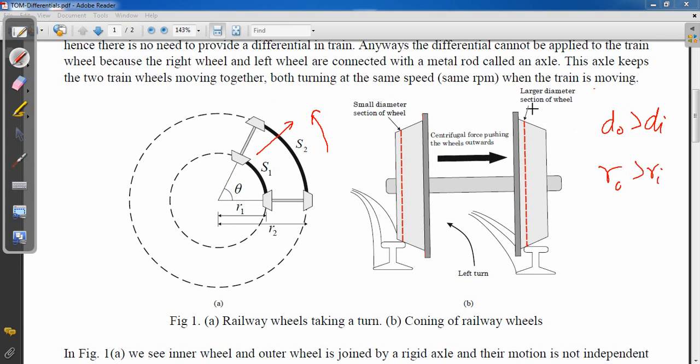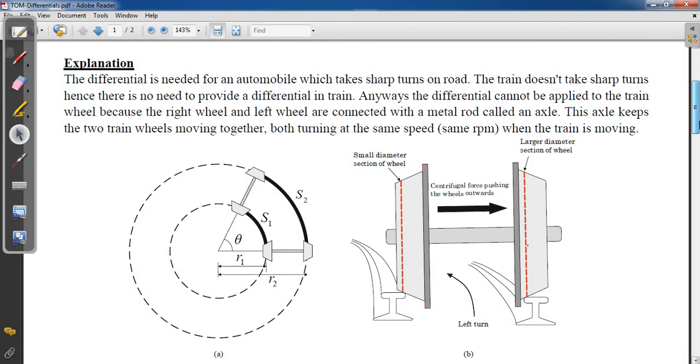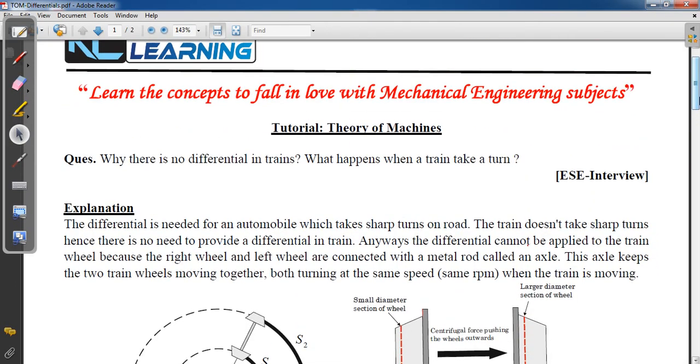This condition is achieved by manufacturing the wheels in cone form. This would be the answer for that interview question: due to coning of wheels, we are able to take turns in a metro train, normal bogie trains or passenger trains. We can't use a differential because train bogies are quite heavy, so it might break. So we use this coning concept.